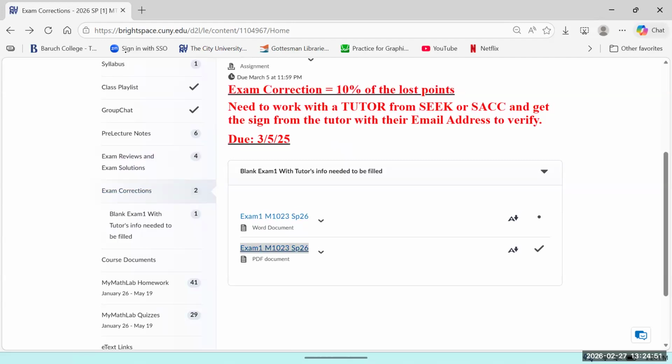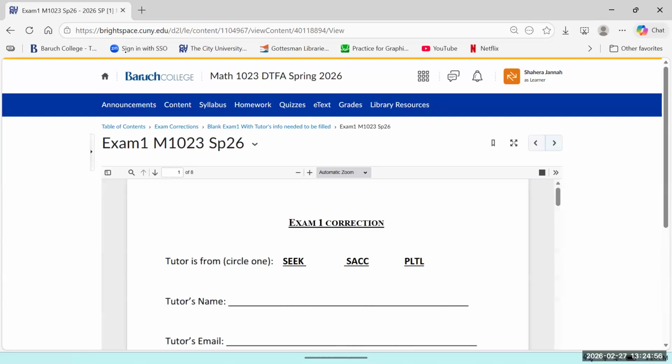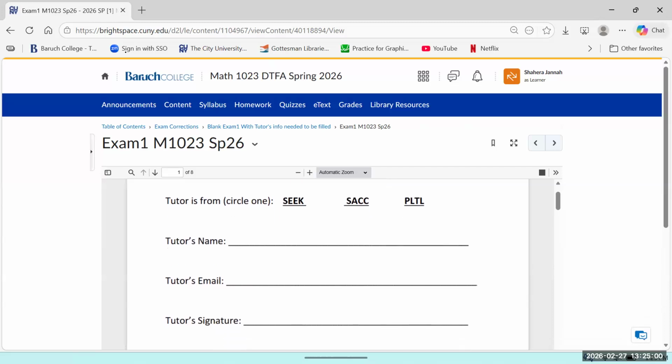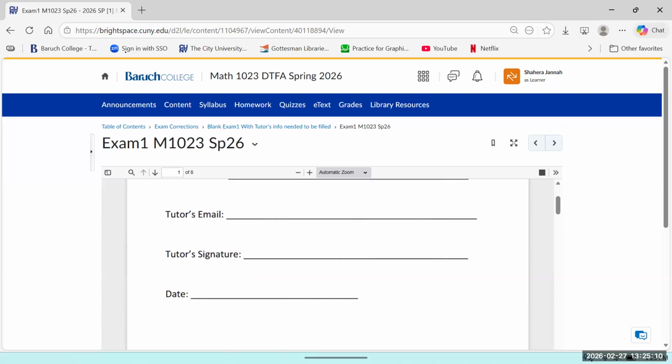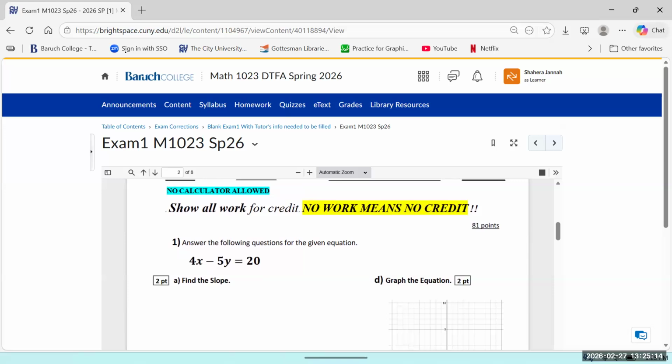So you print it out, or if you have a tablet, you can simply write on that. Write down who the tutor is, whether from SEEK, SAC, or your PLTL leader, their name and email. The blank exam is below that. Once you complete your blank exam correctly, convert everything into a PDF file and then upload it here.